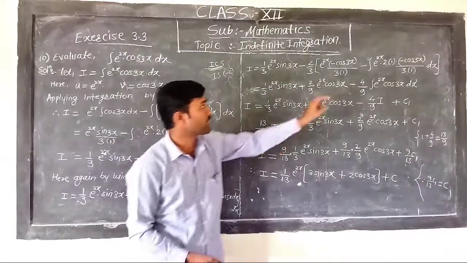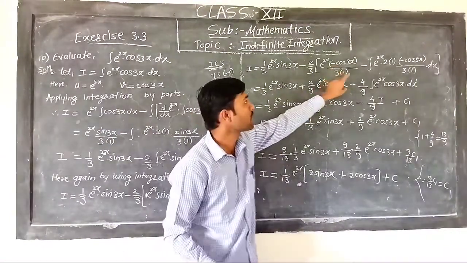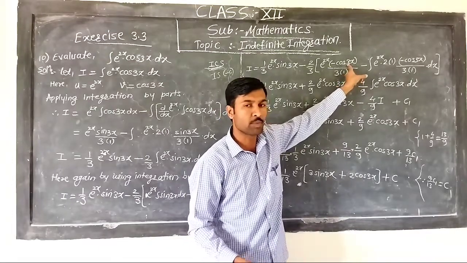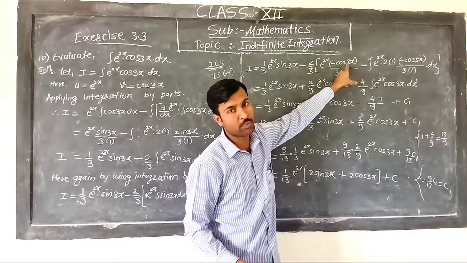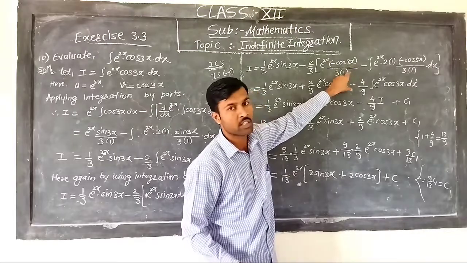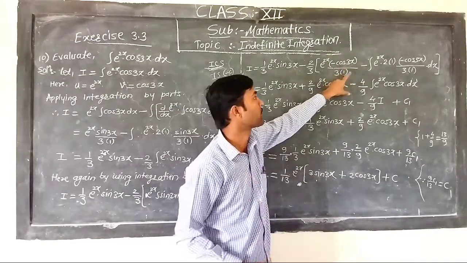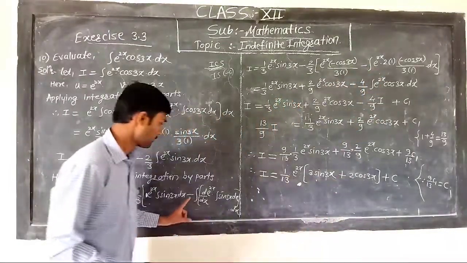Therefore integration of sin 3x is minus cos 3x, but here the angle is not x, it is 3x, and whenever there is a composite function, we have to take the derivative of this composite function in the denominator. So derivative of 3x is 3 and derivative of x with respect to x will be 1.